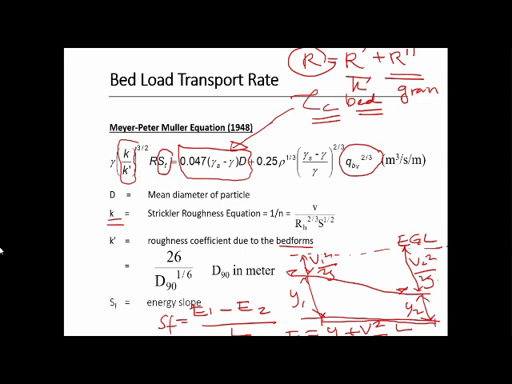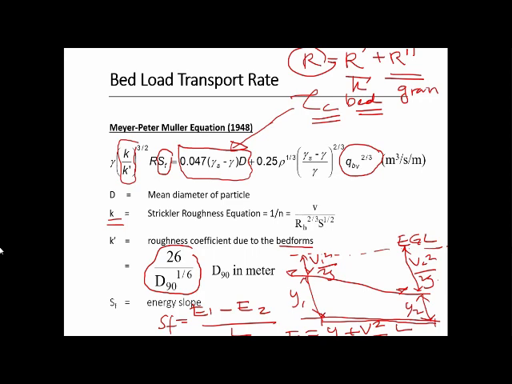Okay, so you can use these equations to calculate this K prime, and see that now instead of using the D50 as your sediment size, to calculate the K prime you have to use the 90% of the particle that is passing the sieve, which is your D90.